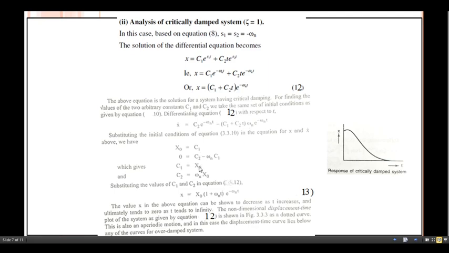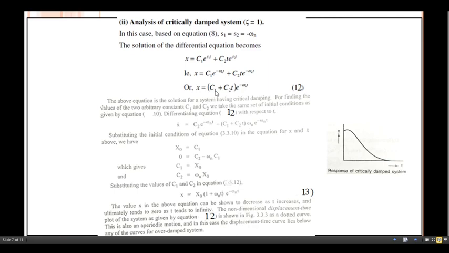C1 we can straightforwardly get as x naught, and for c2, just substitute the value of c1 as x naught, and we get c2 equals omega n into x naught. Now substituting the values of c1 and c2 in equation number 12, we can get the x equation.